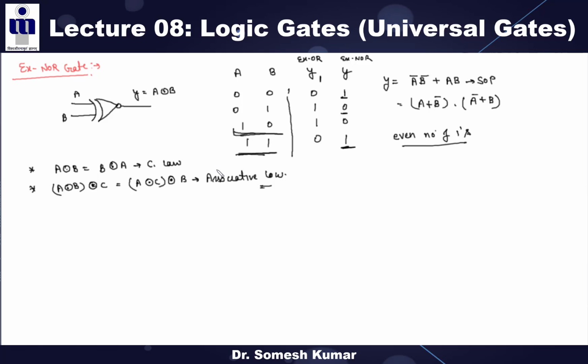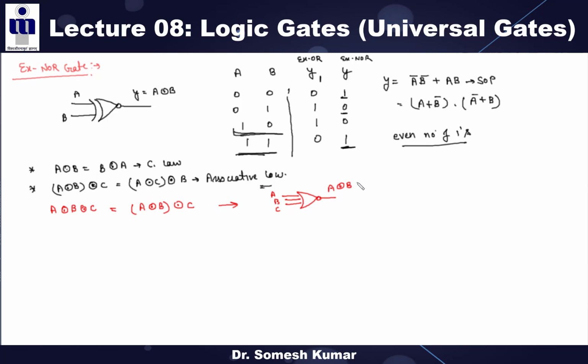Now the main question comes, if I ask in the exam this question that A XNOR B XNOR C is equal to this, is this statement right or wrong? True or false? It is a false statement, right? So we are saying A, B, C. This is the meaning of this.